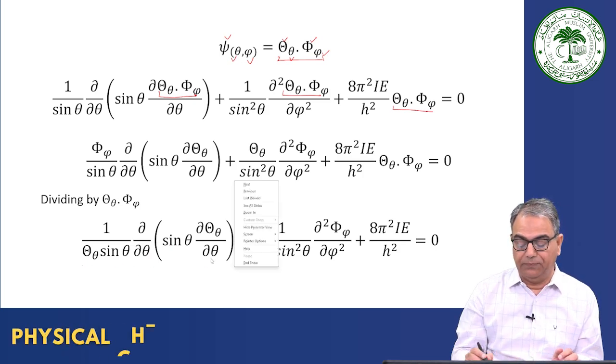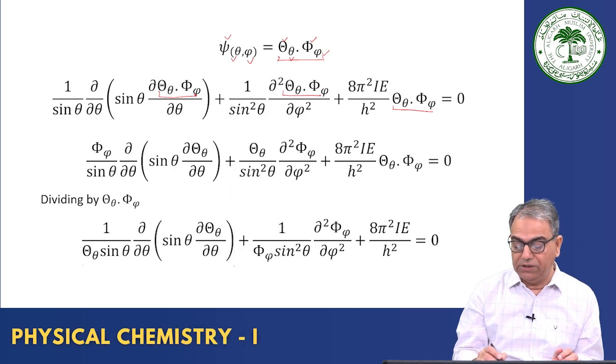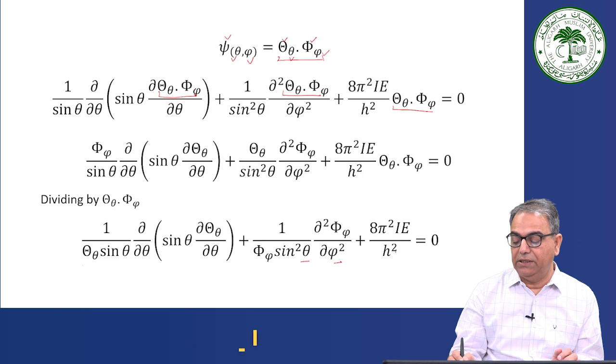You do not have phi. Then you look at the next term: you have 1 by Phi sin square theta del square Phi by del phi square, but in this term you have theta also and phi also. So the separation is still not complete, and if you divide by Theta and Phi, you will have 8 pi square I e divided by h square. Then what do you do?